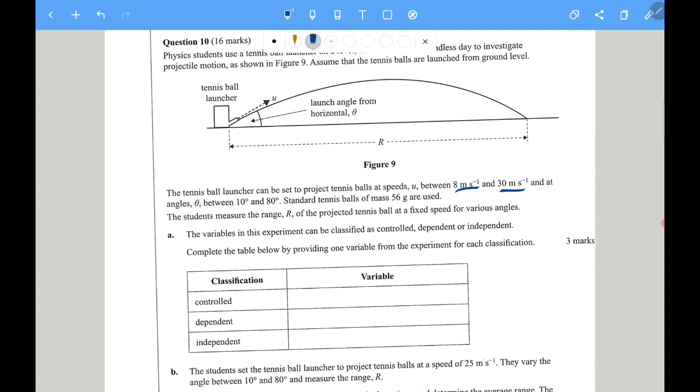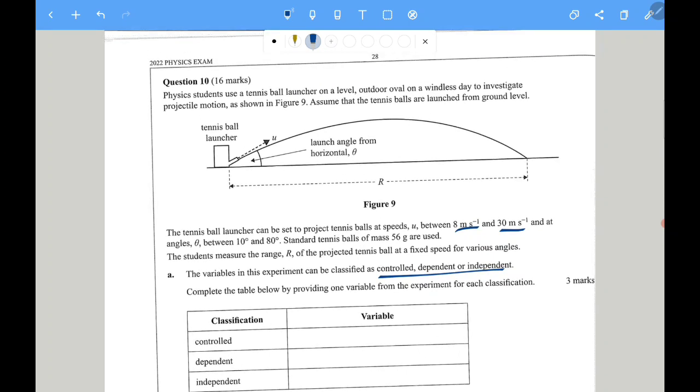Students in this experiment can be classified as controlled. The variables, not the students, can be classified as controlled, dependent, or independent. Okay, so in this case, we can change either the speeds of our ball or we can change the angles, and that's going to affect something about the range, I'm assuming.